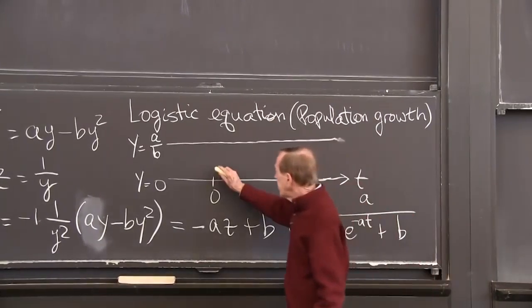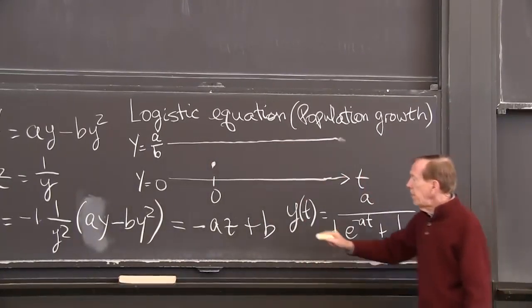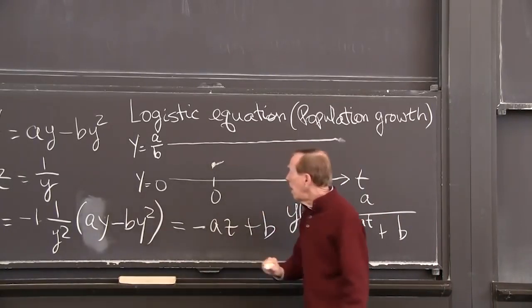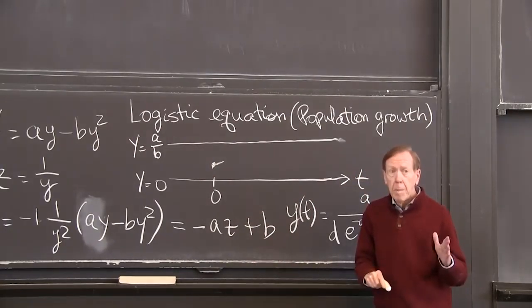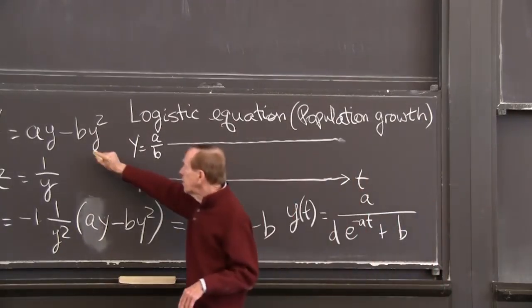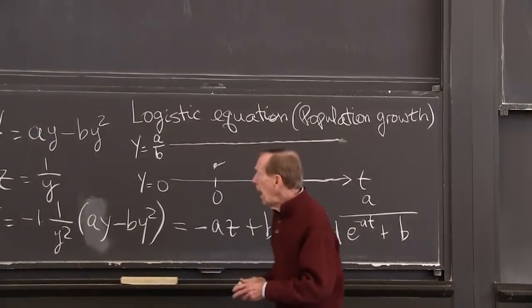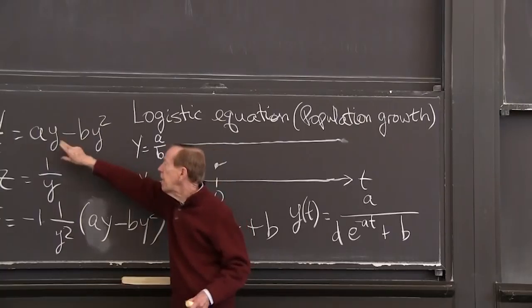At time 0, we start somewhere, y of 0. And we'll begin to grow. We'll grow, but with the slowing down term keeping us back. And in the end, it can't grow forever because that term becomes bigger than that one.